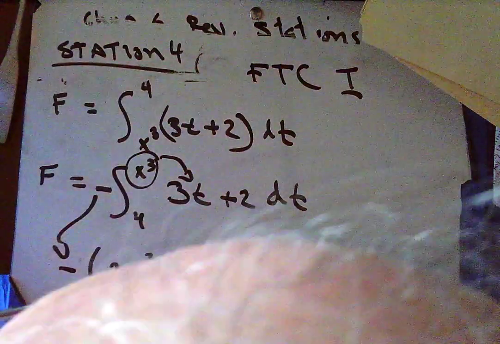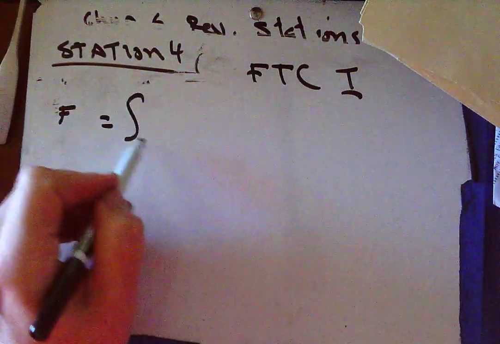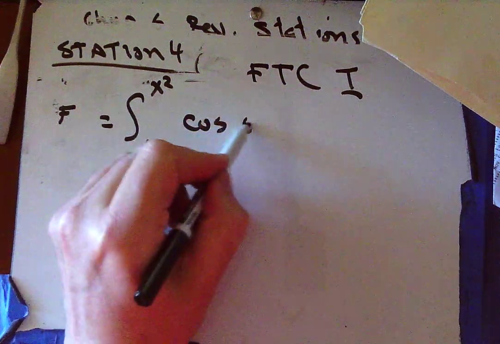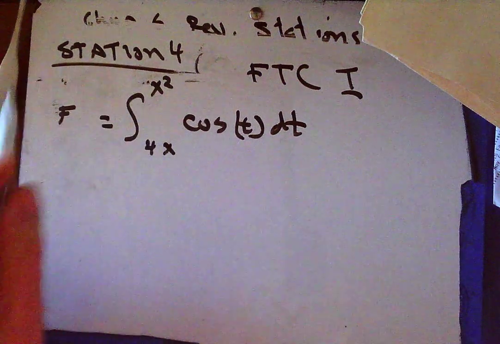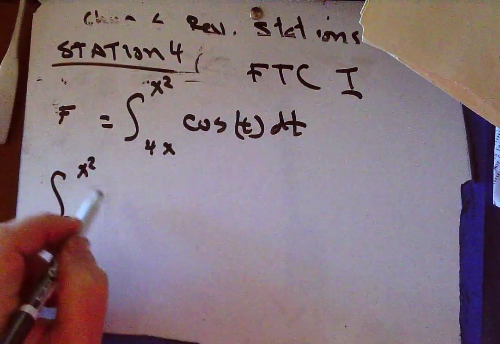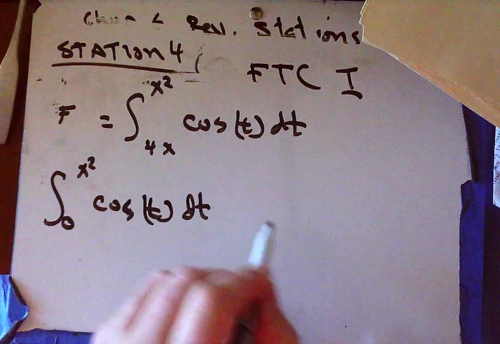And then the last problem here. Problem number 4 says big F this time is the integral from 4x to x squared of cosine t dt. Well, remember, we need a constant there. So we're going to use our log property to go from 0 to x squared of cosine t dt.